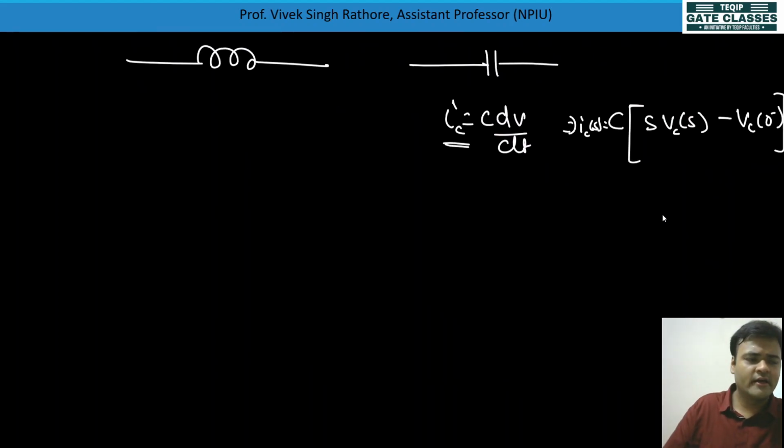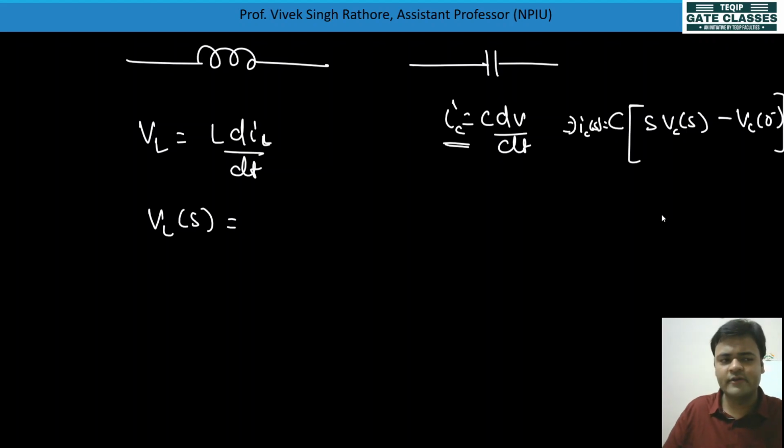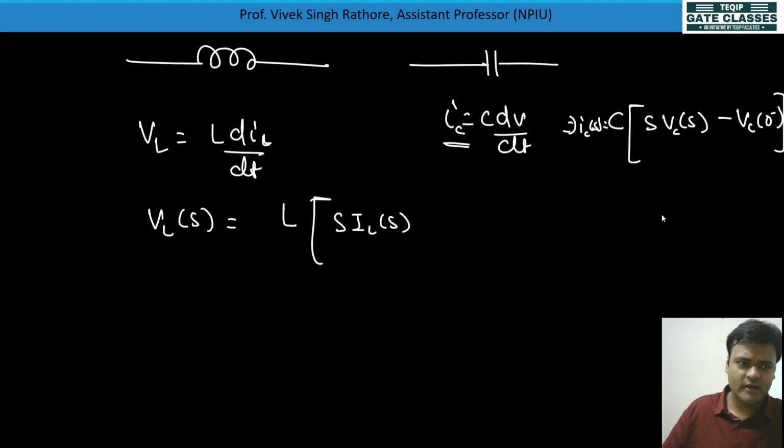Similarly, as you know, voltage across an inductor is L di by dt, where I is the inductor current. So VL of s, the voltage across the inductor in the S domain, can be written as L times s into I L of s, minus the initial value IL of 0 minus.